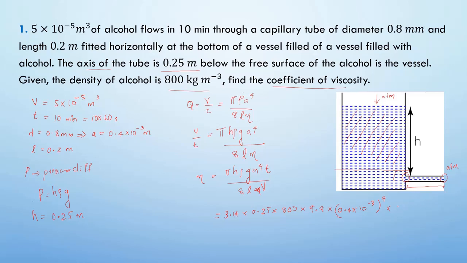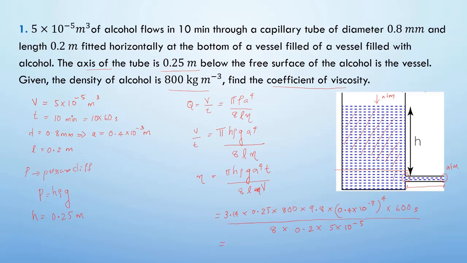Time taken is 600 seconds, divided by 8 into length, which is 0.2, into volume, which is 5 into 10 to the power negative 5.